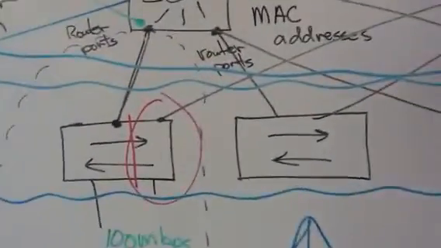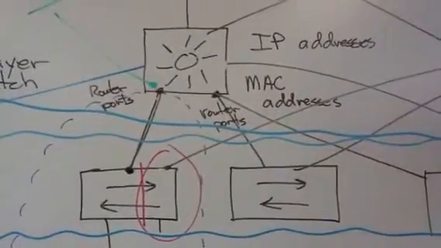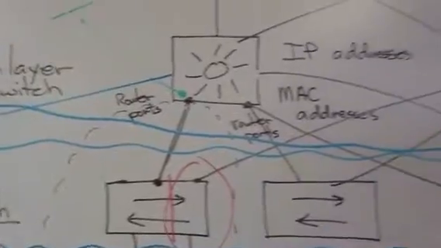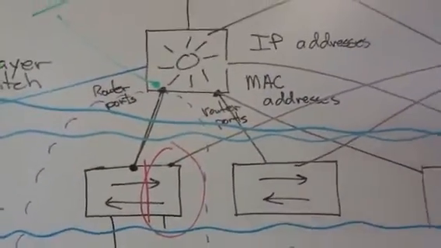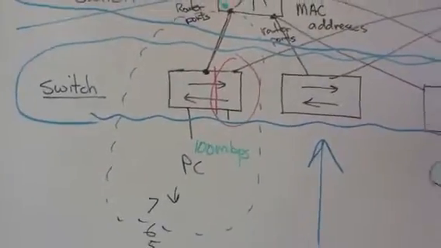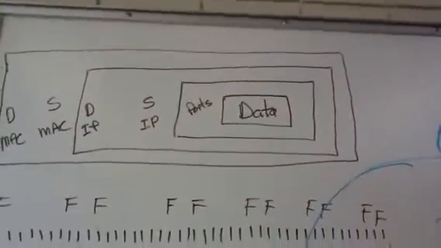We started out with just a couple of switches and a multi-layered switch, and we started talking about the connections. We talked about a PC and what would happen to the data as it was transmitted from that PC.